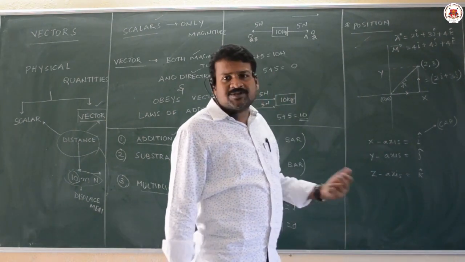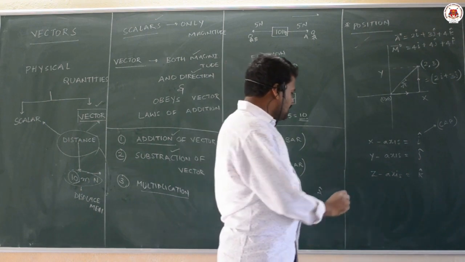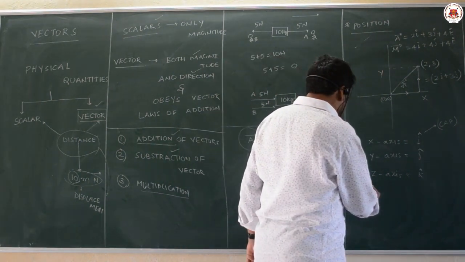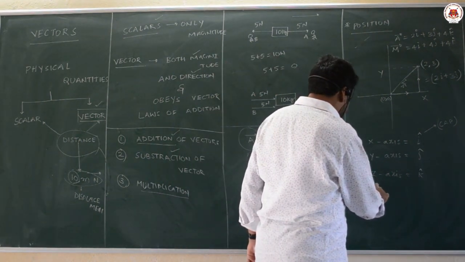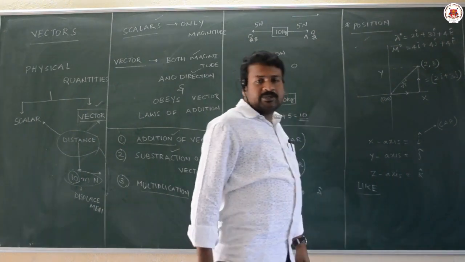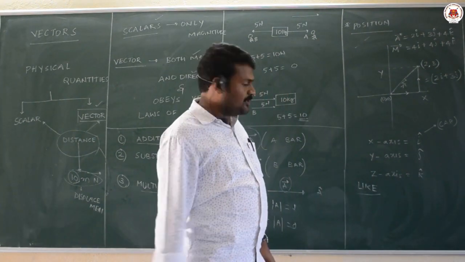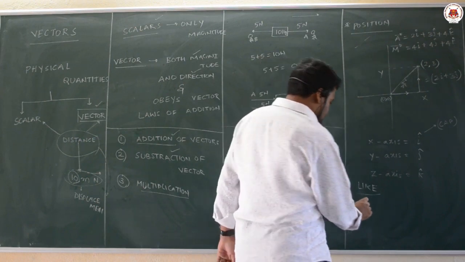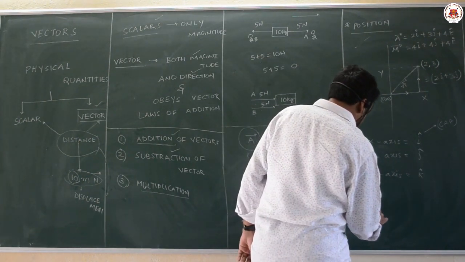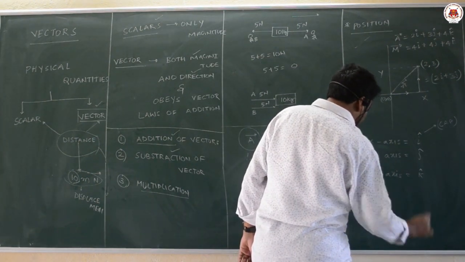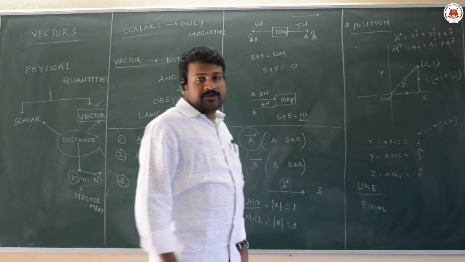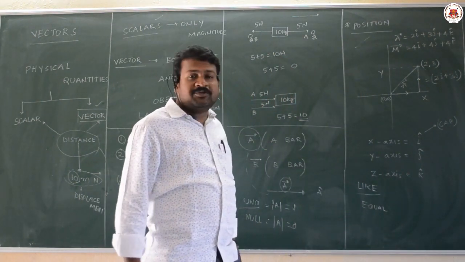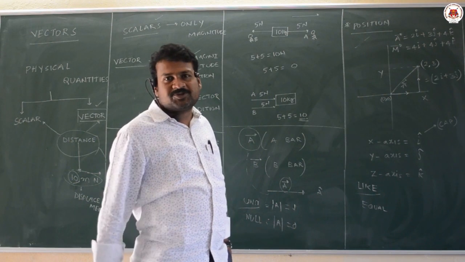Next, like vectors. Like vectors are the type of vectors which have the same direction, which are moving in the same direction. Next, equal vectors. Equal vectors are those whose magnitude and direction are the same. Collinear vectors, these terms you can understand.